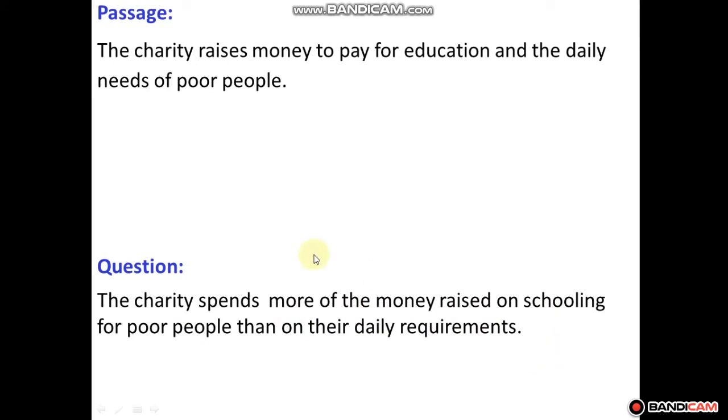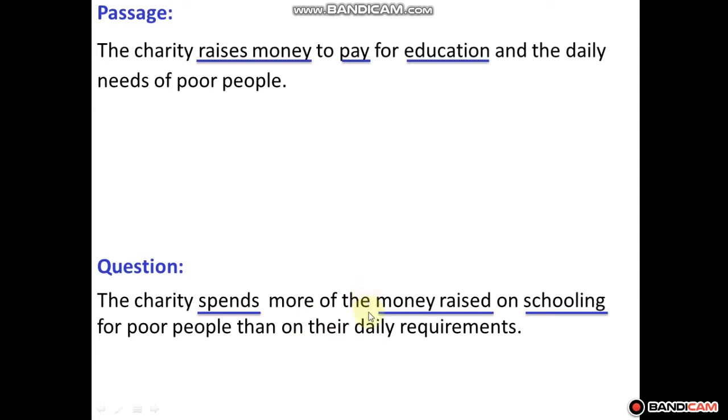Now, as we did before, let's analyze the question. First of all, "spends" and "pay" mean the same. In the question, "money raised"; in the passage, "raises money." Pretty much the same. In the question, "schooling"; in the passage, "education."